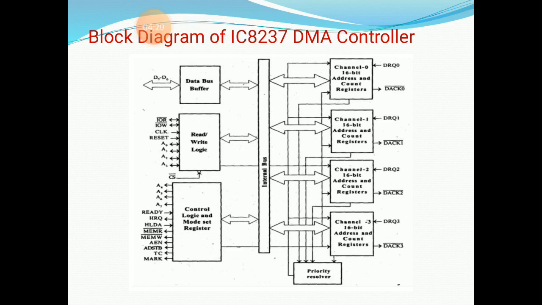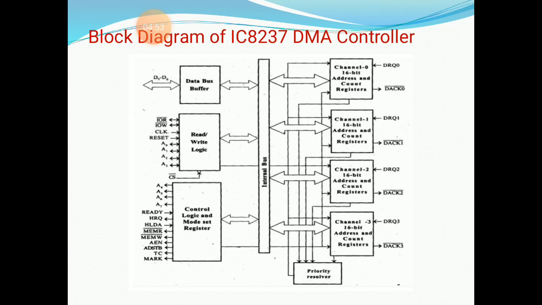The read write control logic performs read and write operations depending upon the control signals received from the processor. The 4 address lines A0, A1, A2, A3 are bidirectional address lines that receive or send a 4-bit address. This 4-bit address represents the selection of any one of the 16 registers.